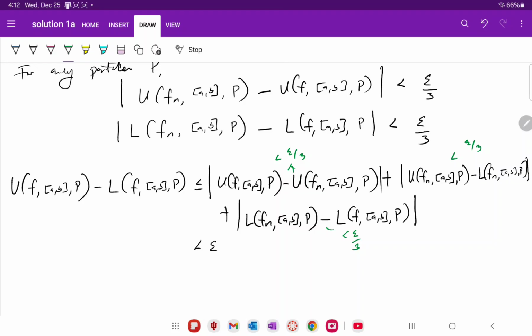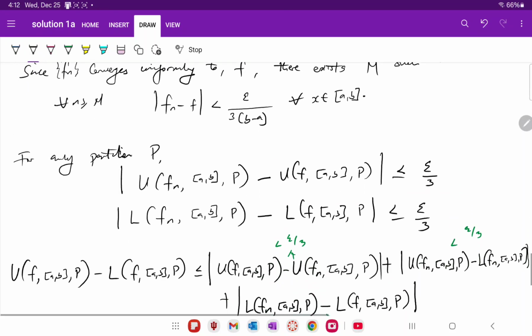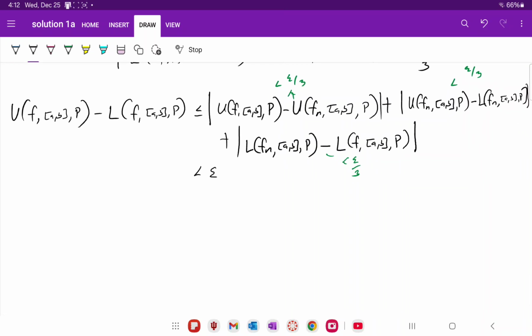So we sum everything together, then all of them is less than epsilon. So that shows that our f is Riemann integrable.